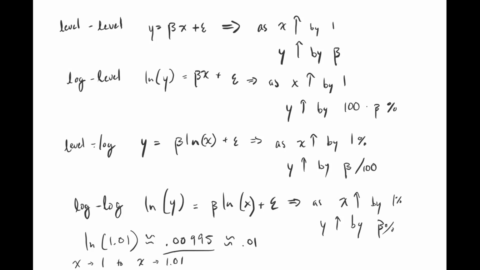To avoid going below zero, oftentimes people will log those values to keep the distribution of the data from going below zero. So that's one common reason why people do it.